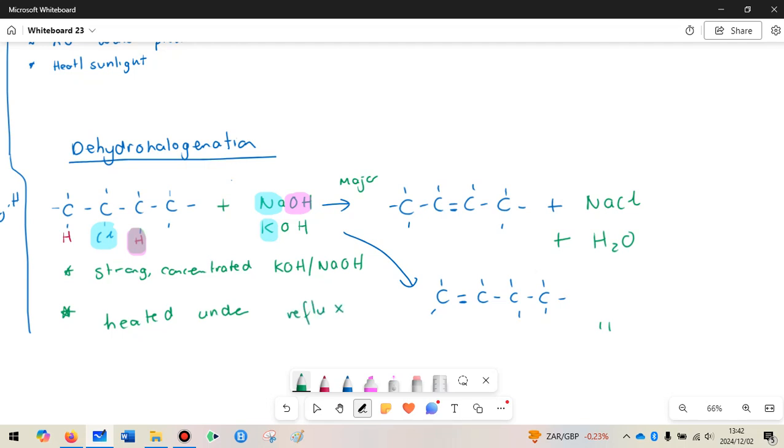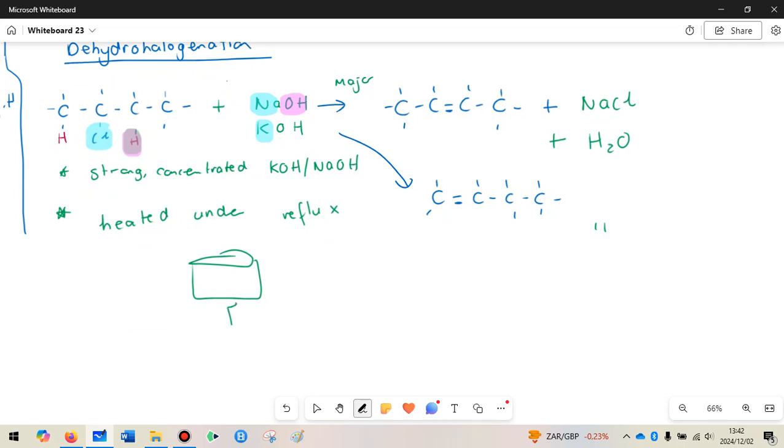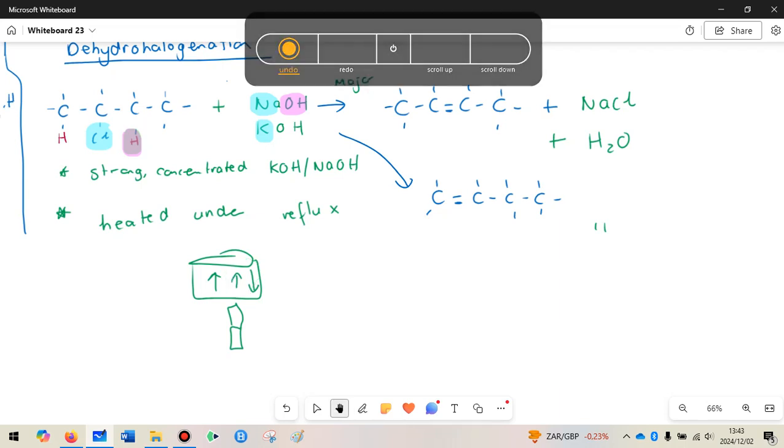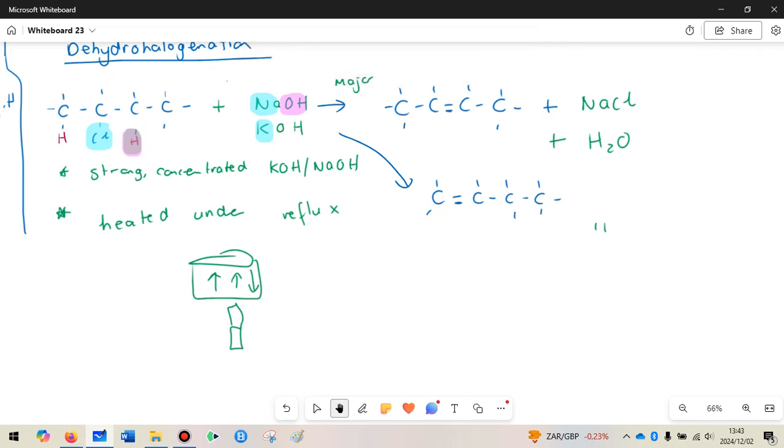Okay, that just means that my substance is heated, it evaporates, it cools at the top, it condenses, it goes back. It evaporates, it cools, it condenses, it goes back. Reflux means like flowing, so it's this constant process of cooling, condensing and going back. So this constant flow. Okay, so that is the dehydrohalogenation reaction.